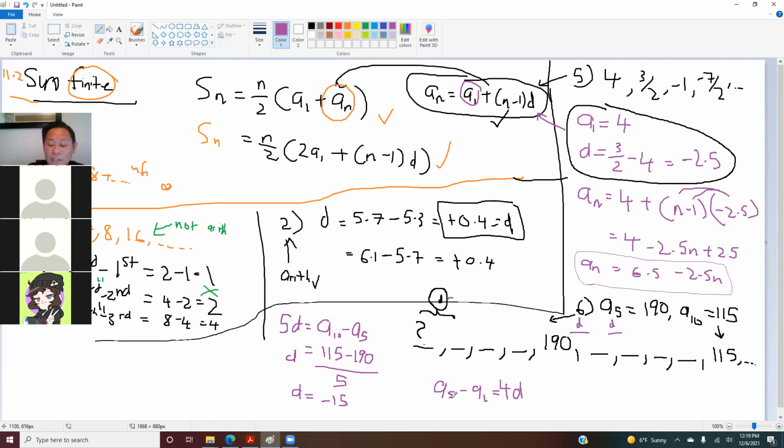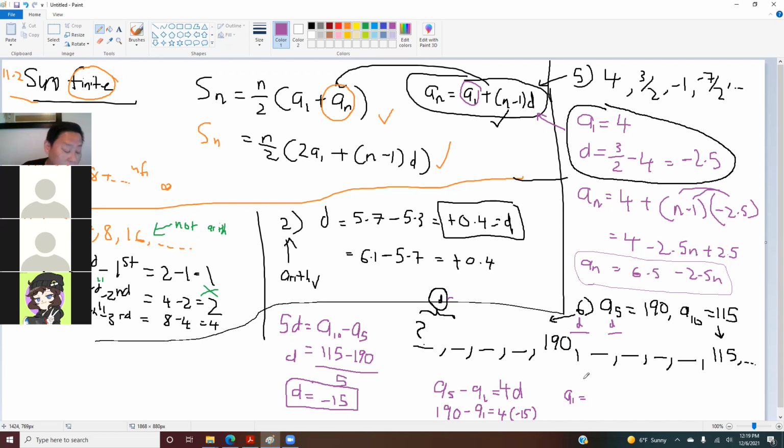Okay. Again, how do I get 4? You just subtract 5 and 1. Same thing here. How to get 5? Subtract. A5 is 190. A1, I don't know A1. But we know D because D is -15 from this answer here. So what you do is solve for A1. You guys know how to solve it, right?